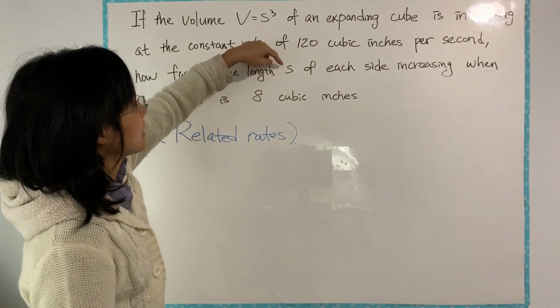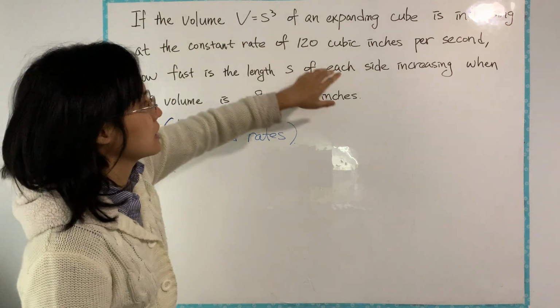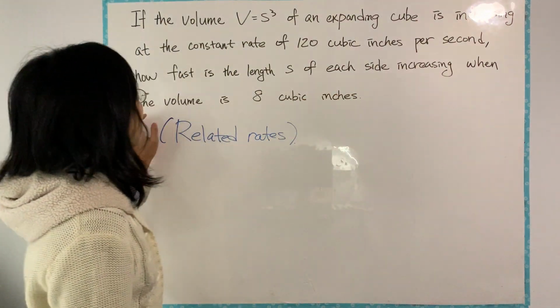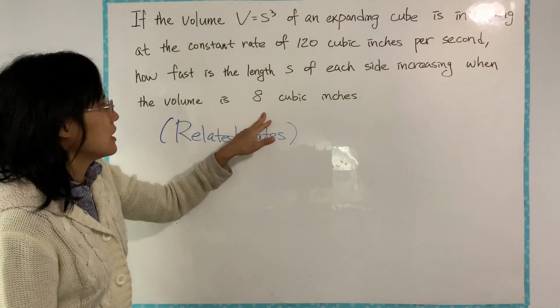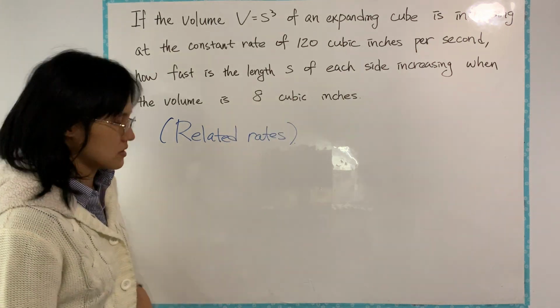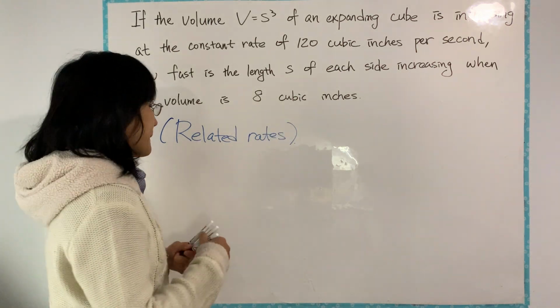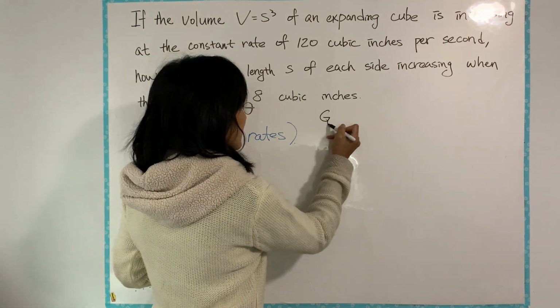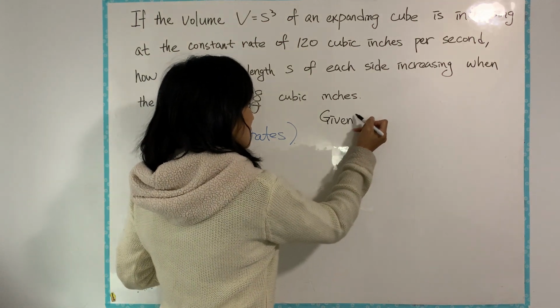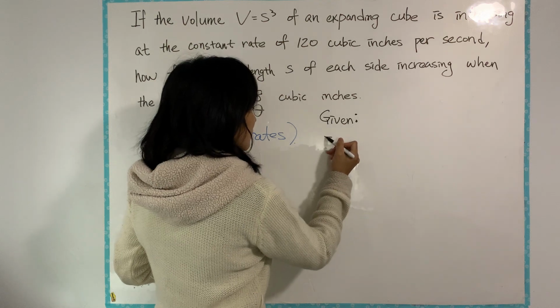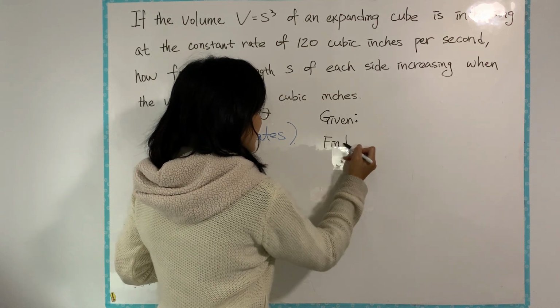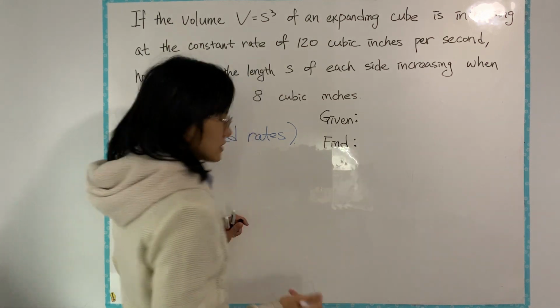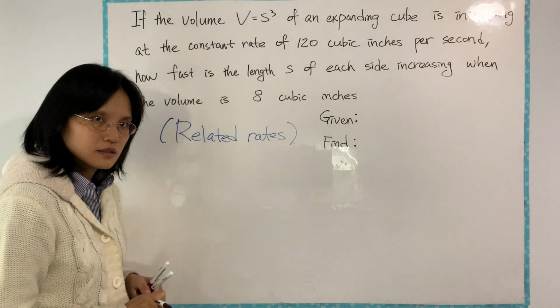It's the length of the side. When you read the question, it will always be very helpful to know what is given, and what is the thing that you want to find.